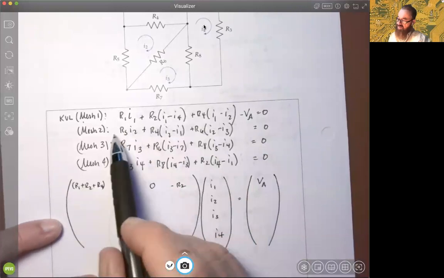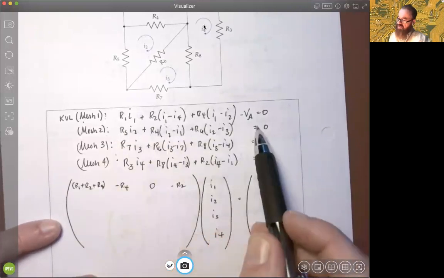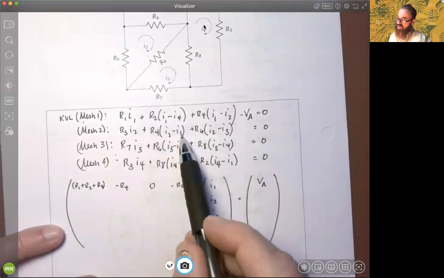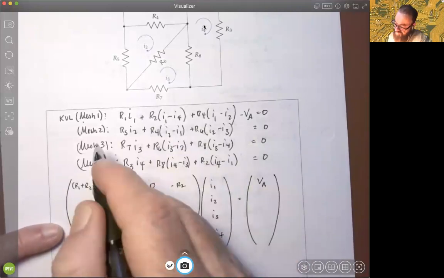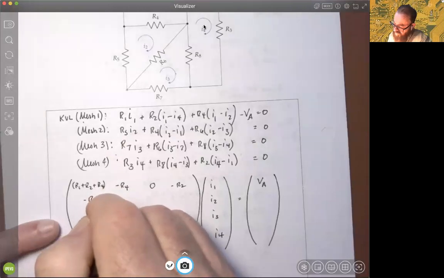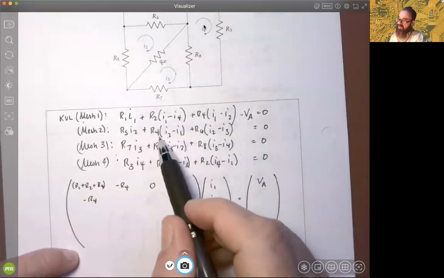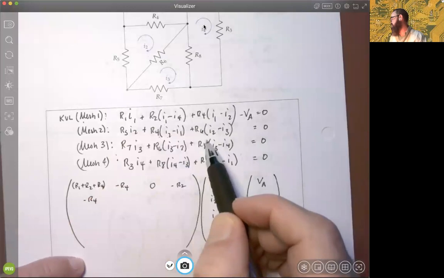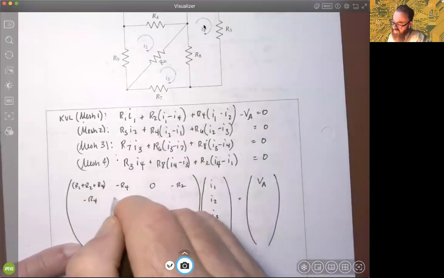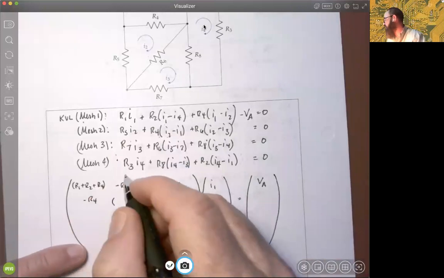Again, starting with this second mesh equation here. What are the coefficients for I1? We would have negative R4. What about I2? I see an R4 and I see an R6 and I also see an R5. So this is kind of large: you have R4, R5, and R6.